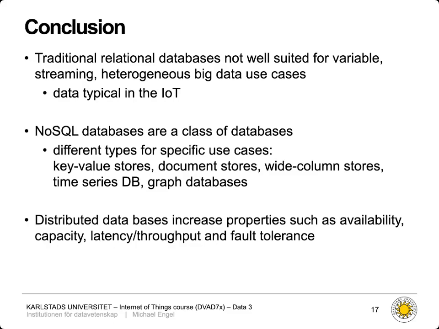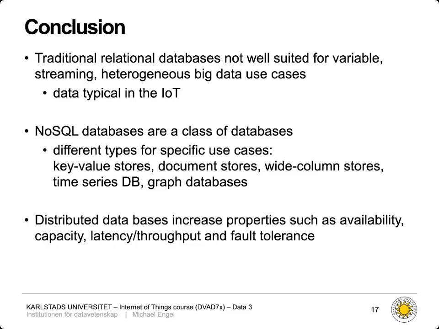So to conclude our discussion of databases in the IoT, we've seen that traditional relational databases in many cases are not that well suited for our variable, streaming, heterogeneous, and big data use cases in the IoT.